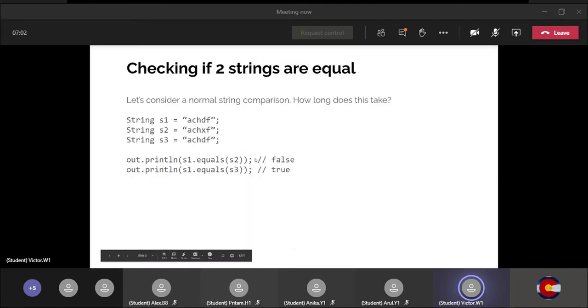Then you would go through every character in one string and the character at the corresponding index in the other string, and check that all those pairs are equal. If they are, the strings are the same; otherwise, they're not. So checking if two strings are equal takes O(n) time, where n is the length of the two strings.